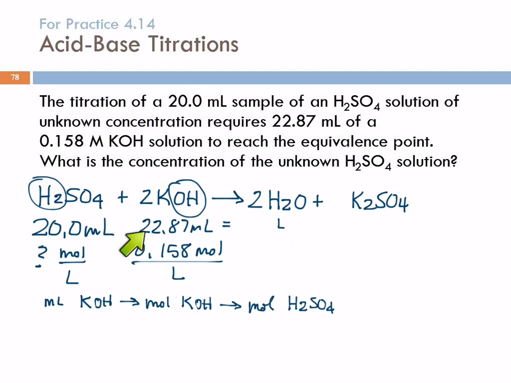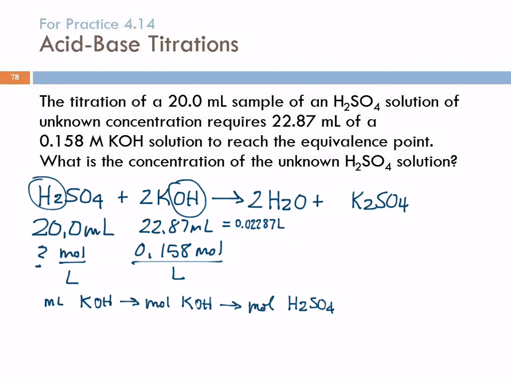Does that make sense? So this is going to be 0.02287 liters. If I did it the wrong way, I'd end up with 228,000 liters is equal to 22 milliliters. That's wrong. So stop and think about it, or bust out the dimensional analysis and do it that way.